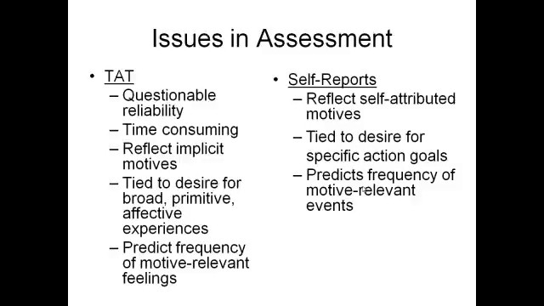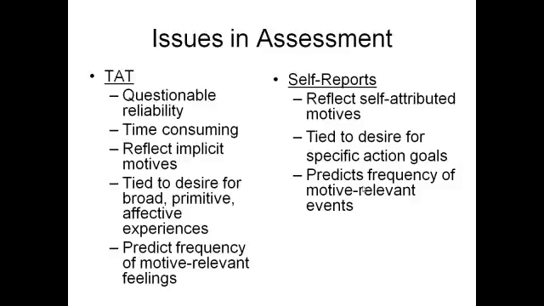The problem with it is the reliability is questionable. Now again, it could be because there are going to be multiple pictures in one particular testing session, and people can respond all different ways to each picture, and it may be hard to connect all of them. Another thing is that giving the TAT is very time consuming.